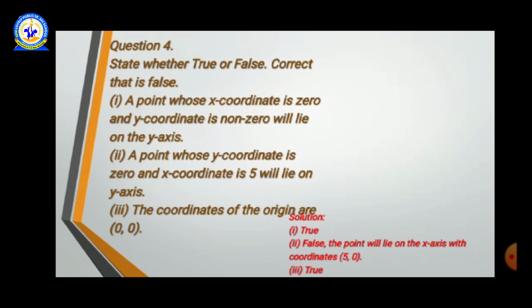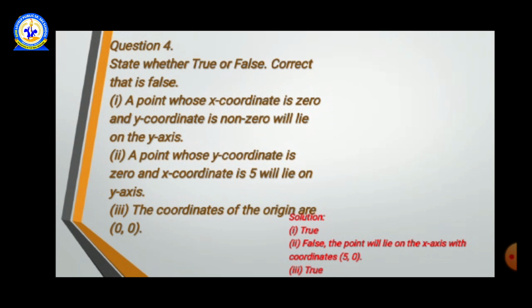The first: a point whose x coordinate is 0 and y coordinate is non-zero will lie on the y-axis. Non-zero means we can take any number. I can take the number 2 for the y coordinate.